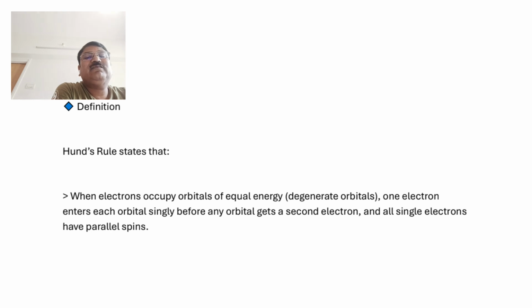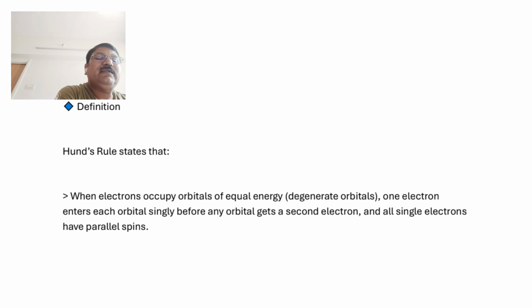All single electrons always have parallel spin. So this is a simple way to explain Hund's rule of maximum multiplicity. Okay. So in this short video lecture we have studied Pauli's exclusion principle and Hund's rule of maximum multiplicity.